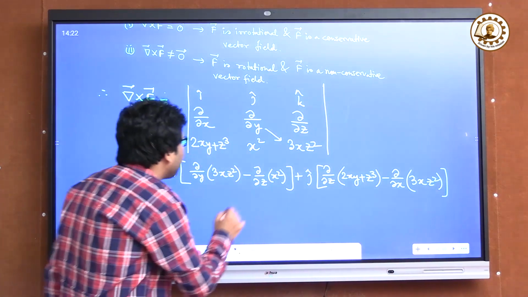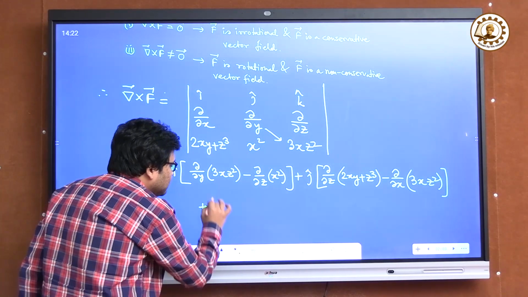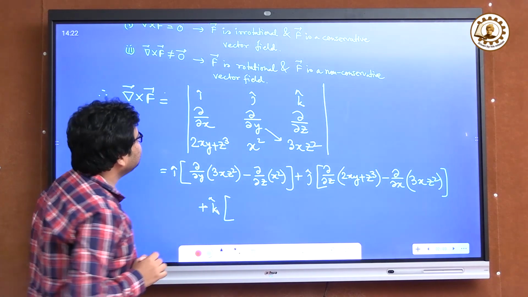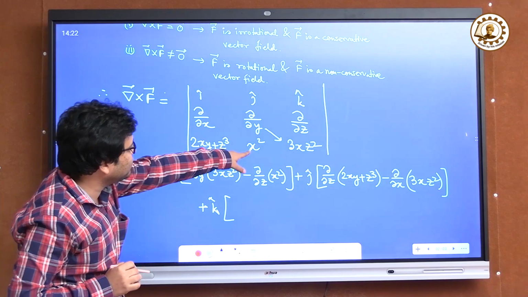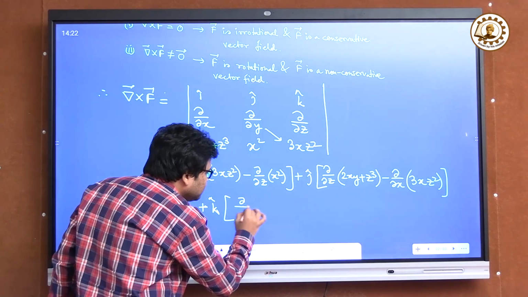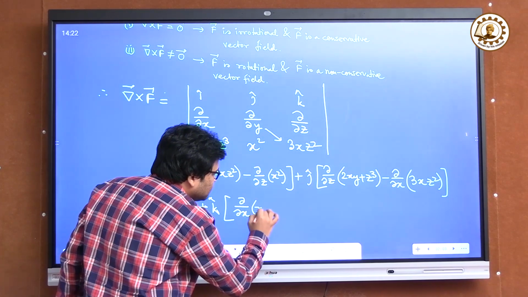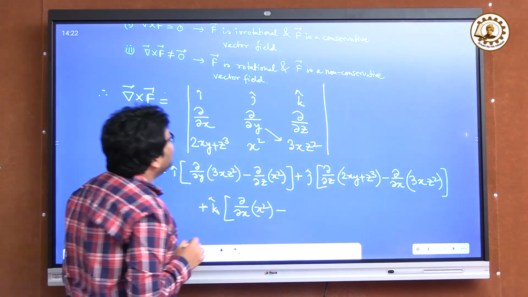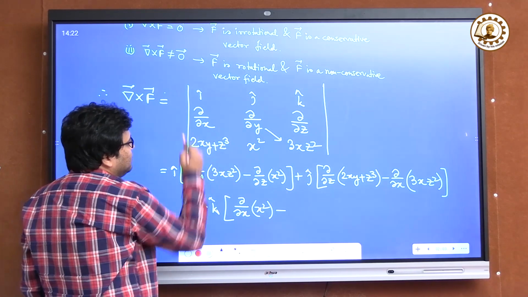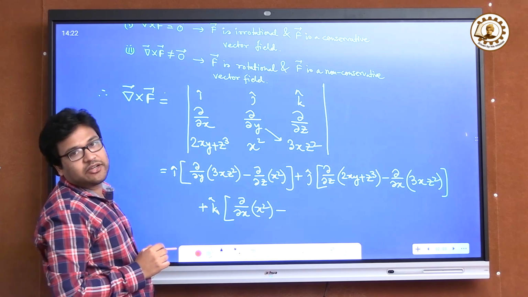Now what about the k cap component? The k cap component is del del x operating on x square, minus del del y operating on 2xy plus z cube.